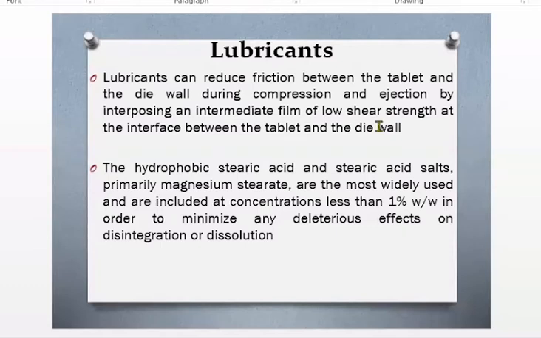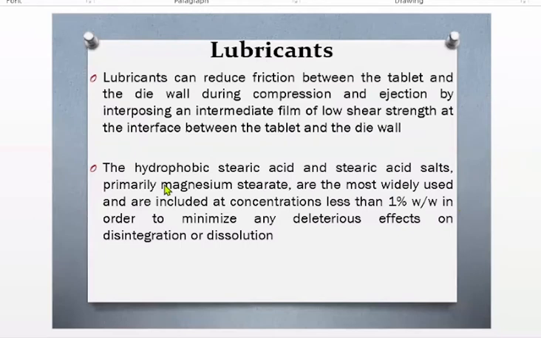If there is no friction, we find that the powders are going to be sticking to the tableting machine, and you are going to have problems during compression and ejection. So you add materials we refer to as lubricants, so that you have reduced friction between the powders and the die.